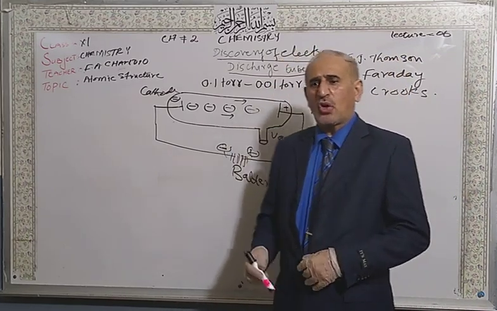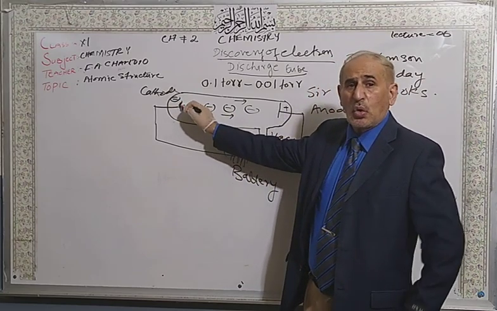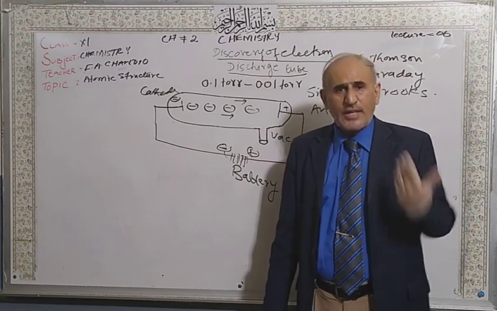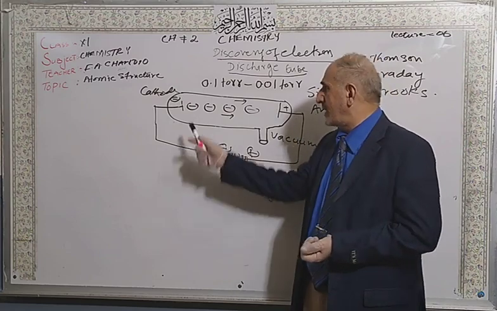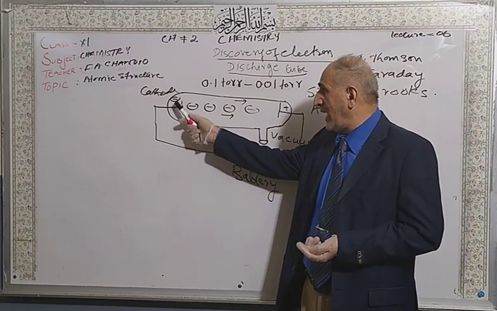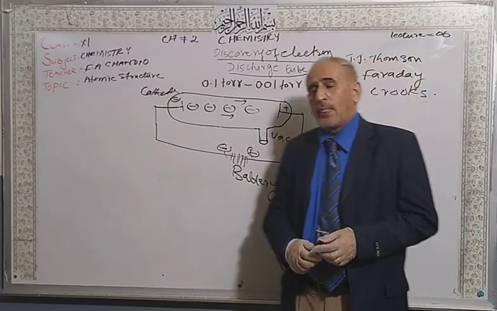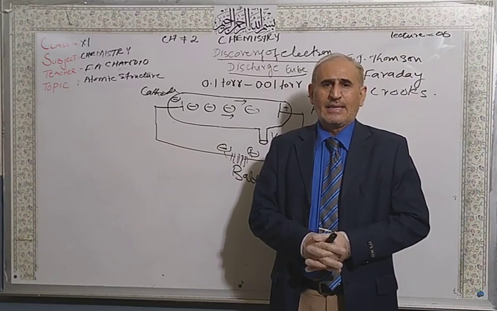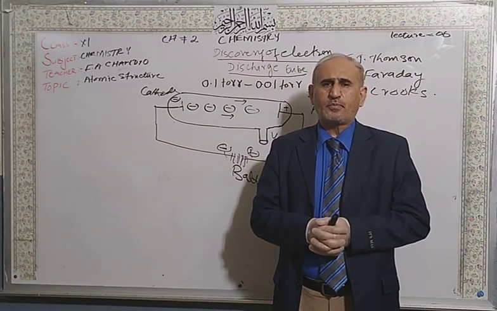They are named cathode rays because these rays originate from the cathode. They originate from the cathode, that's why we call them cathode rays, and they travel from cathode to anode. That's why they have a negative charge. These are negatively charged particles.